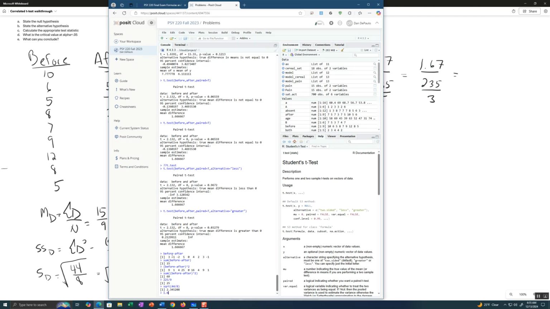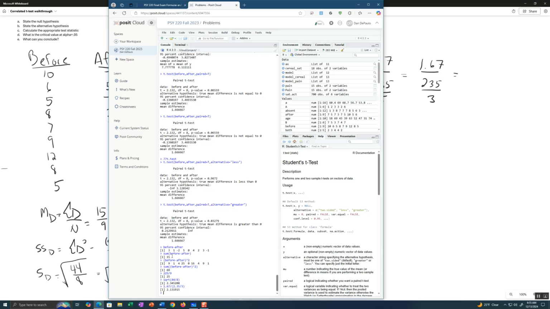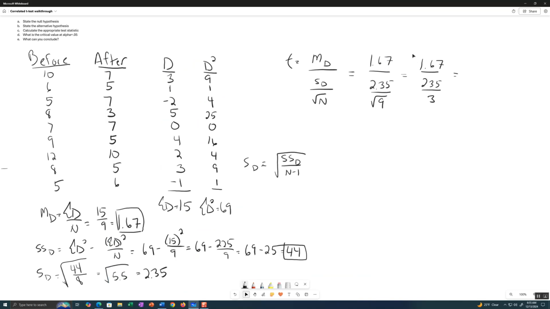So 1.67 divided by this, 2.35 divided by 3. That gives me 2.13 as my answer. So this is 2.13 as my final t value.